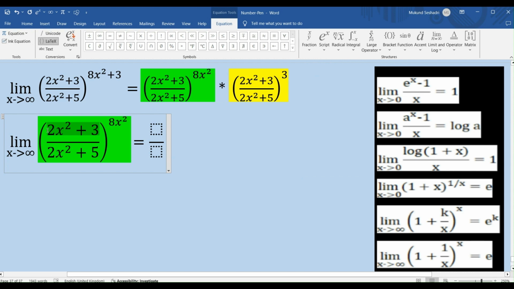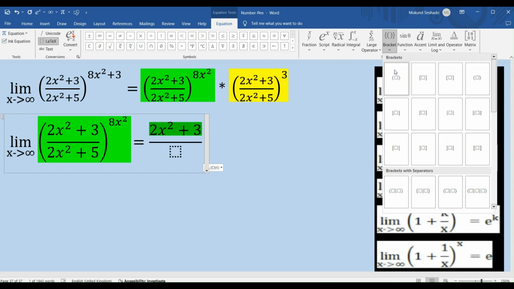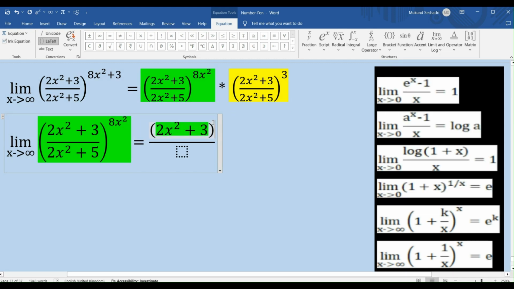Let me copy the numerator, and I'm going to bracket this first, and write this as 8x square, right? And similarly, I've got an expression at the bottom, but it is 2x square plus 5, the whole power 8x square, right?